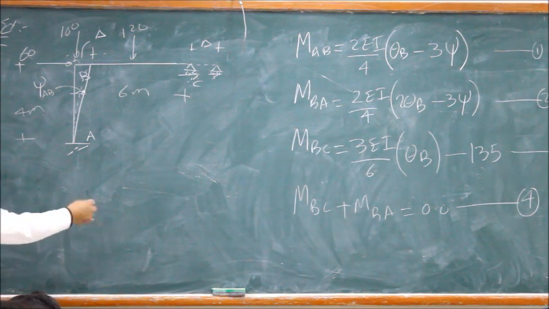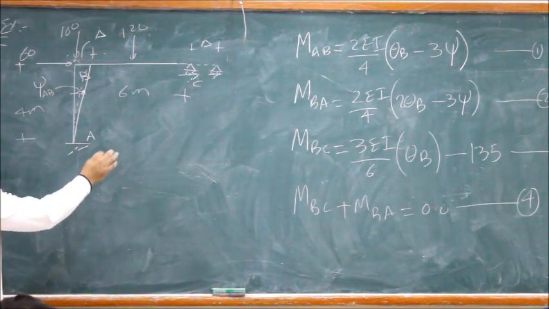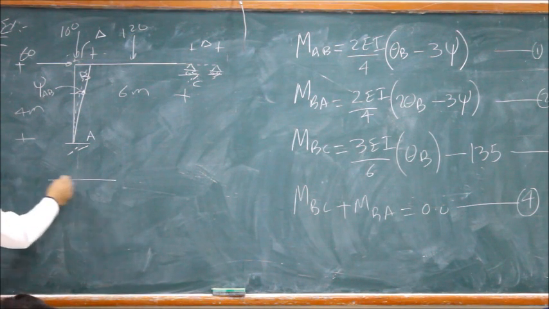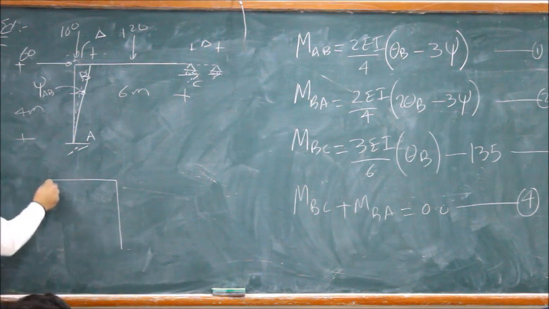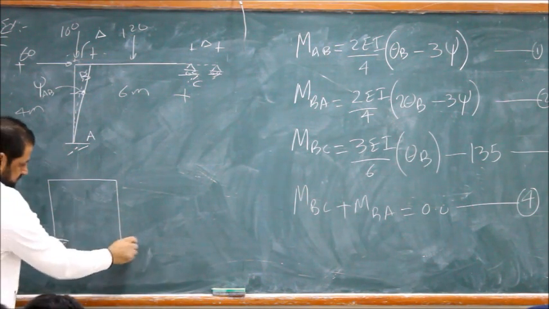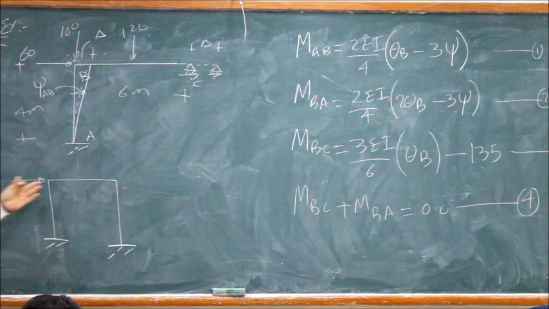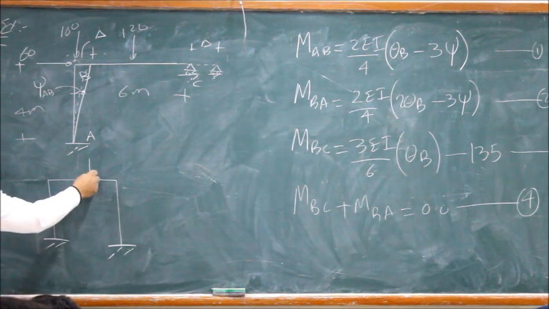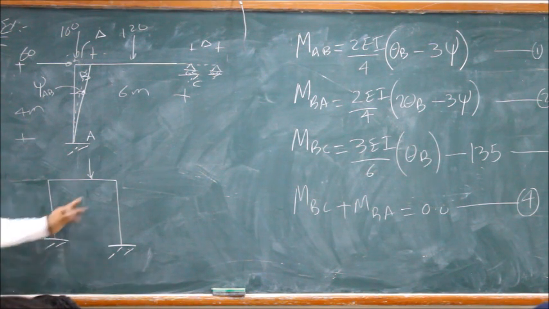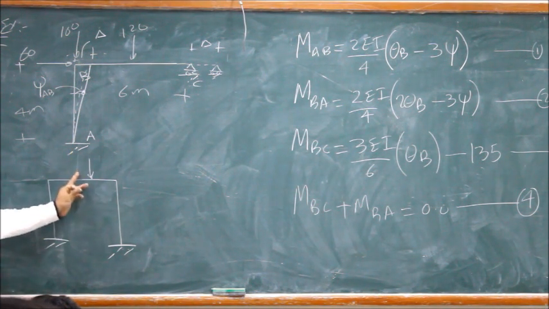I will show you, but just look at this deflection. That's a sway frame. By the way, sway can come from lateral load or from vertical load that's unsymmetric, not in the middle. If it's symmetric in the middle, no sway.